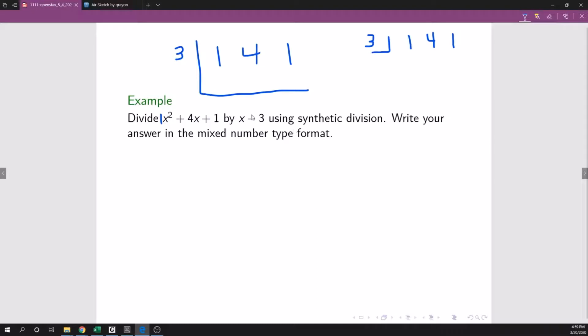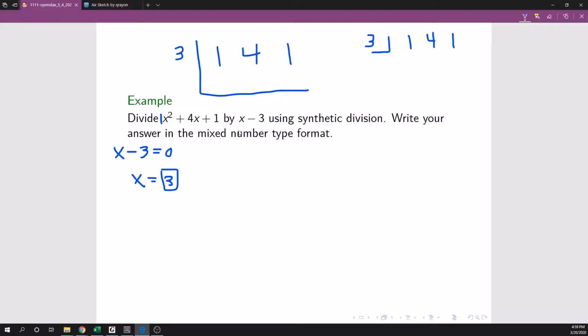Now, why is it a +3? It goes by the 0 that you would get if you set this equal to 0. So if I set x minus 3 equal to 0 and solve it out, I'll get x equals 3. That's the number that you should put right here.